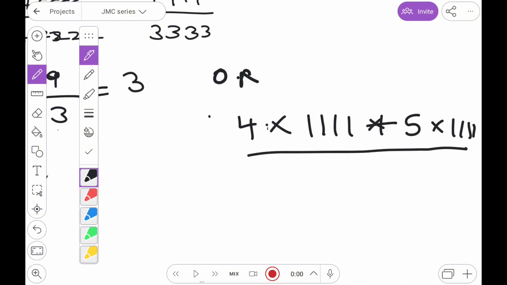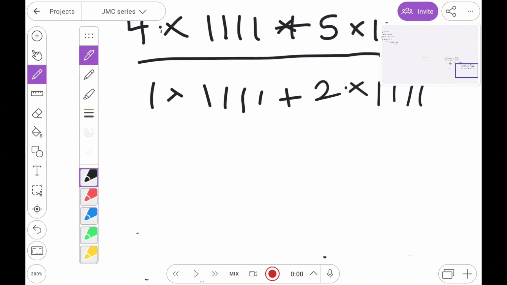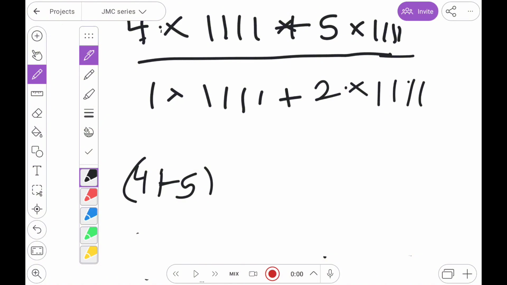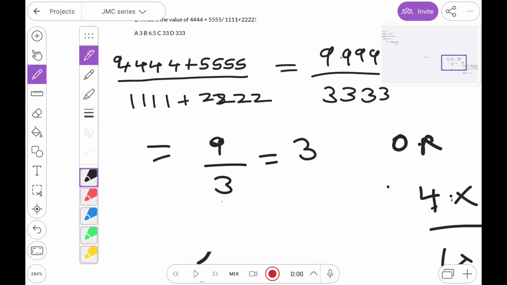And divide it by 1 times 1,111 plus, you guessed it, 2 times 1,111. Repetitive, isn't it? 4 plus, now the hard part. We have to take 4 and we have to take 5 and add them up, okay? But put them in brackets, because 4 plus 5, 9, times 1,111, which is 9,999.